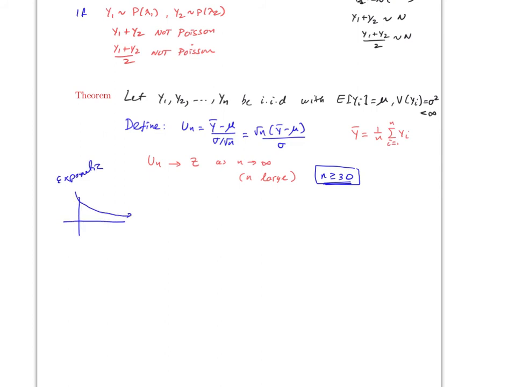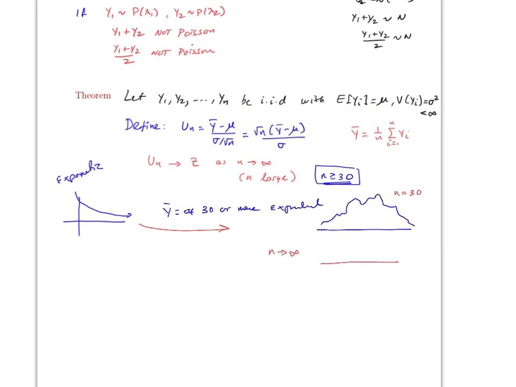As you can see, that is not normal, but if you take a sample of 30 exponentials and find the mean, so the mean of 30 or more exponentials, when you graph it, it will look like this now. It's not quite normal, but it's looking more and more normal. So as n goes to infinity, and let's say this is for n equal to 30.